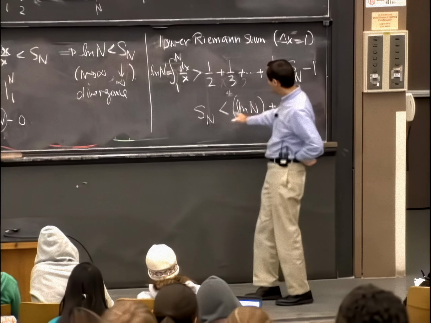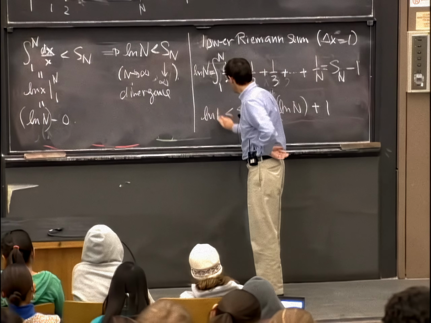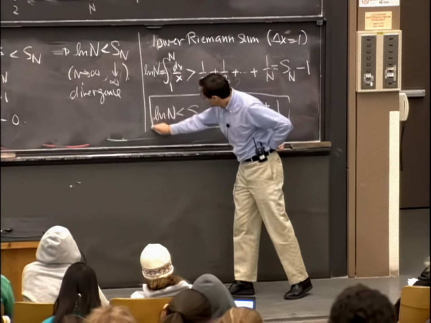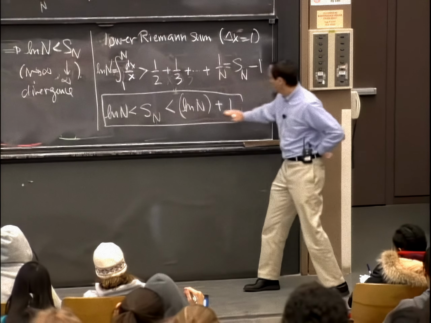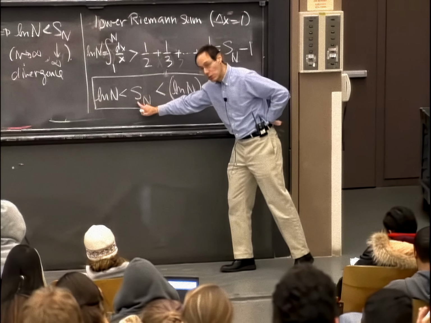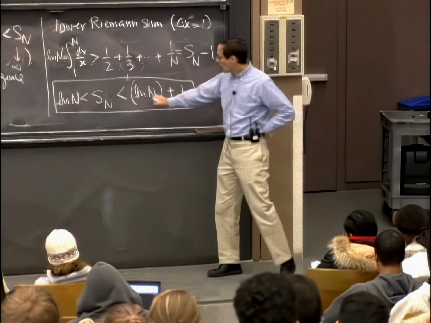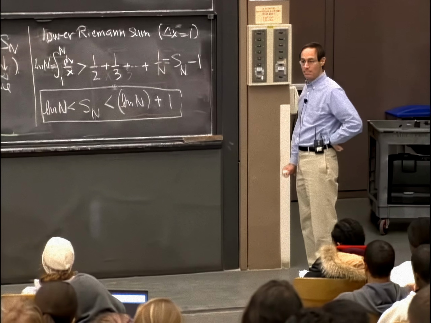And so I've trapped it on the other side. Here I have the lower bound, so I'm going to combine those together. So all told, the size of Sn, which is relatively hard to calculate and understand exactly, is trapped between log n and log n plus 1.